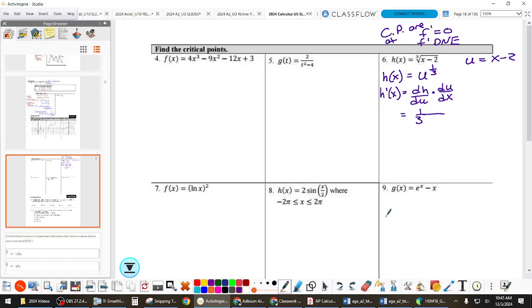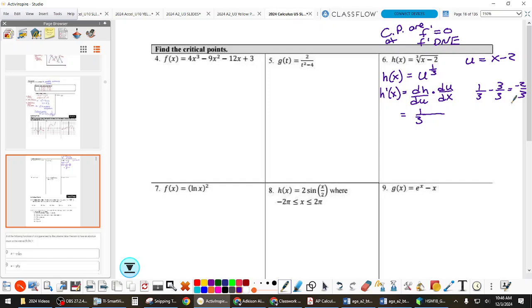Make sense? Yeah. So 1 over 3, bring the 1/3 down, and then subtract 1, which is 3/3, from 1/3. So then it'd be negative 2/3. 1/3 minus 1 is negative 2/3.